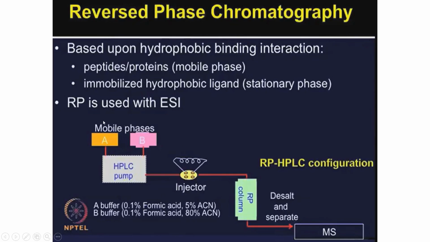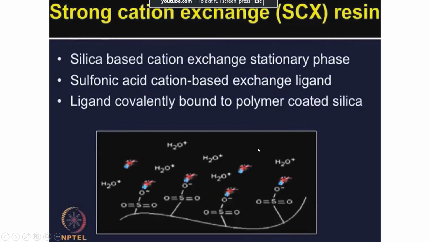Based upon hydrophobic binding, depending upon its interaction with the solid, which is the RP column here, or the liquid, the mobile phase or the stationary phase, the separation can take place. Then there is SCX resin, which is strong cation exchange, a silica-based cation exchange.